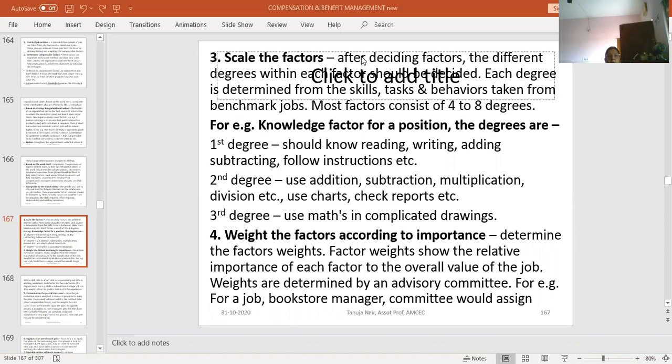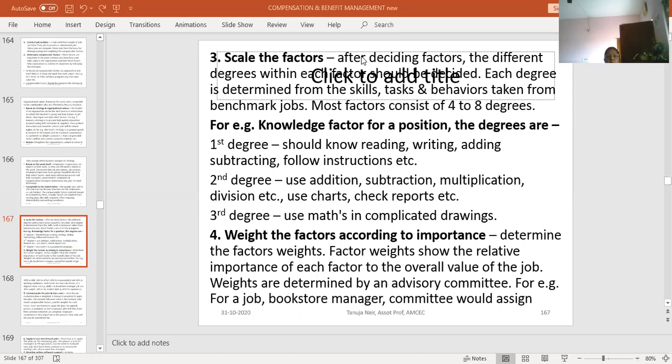That is the third step where you scale the factors and give degrees to each compensable factor that you have selected for the jobs. Fourth step is you give weightage to the factors according to their importance.